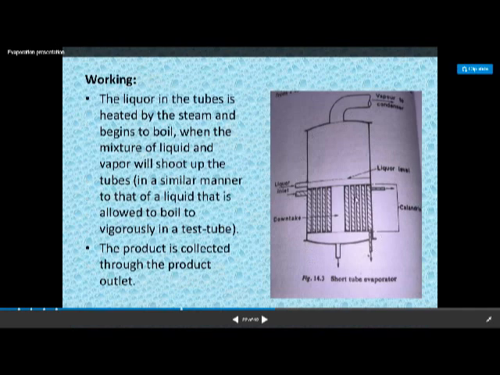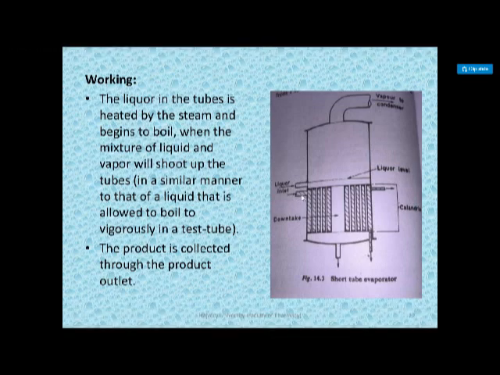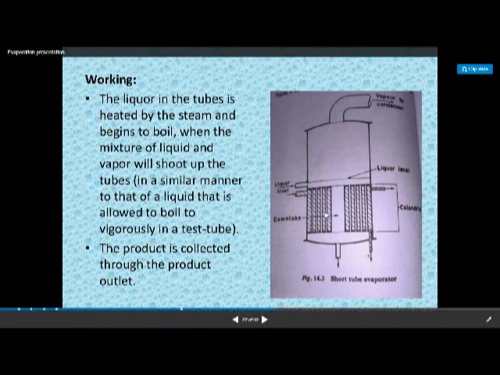Now you can go through the diagram. There are 2 to 4 valves present here. This is the liquor inlet, called the feed valve. This is a steam valve, to pass the steam inside this calandria. This is the liquor inlet or feed valve to pass the feed inside the calandria.